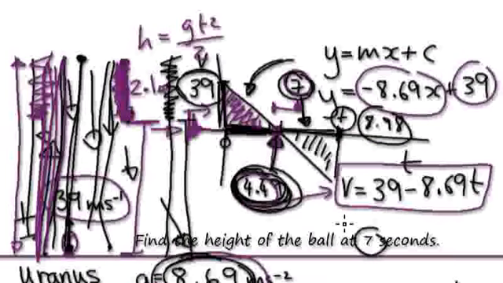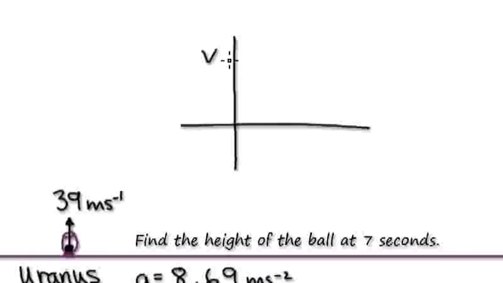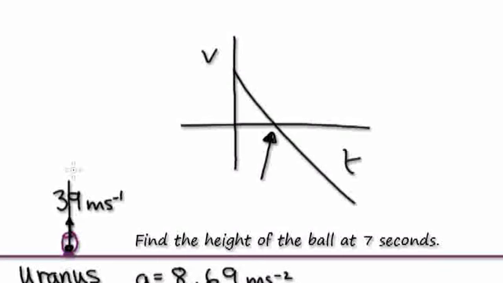Okay, so the trick is to draw your velocity time graph, and once you've got your velocity time graph, the important part is to find out the time it takes to get to the maximum height.